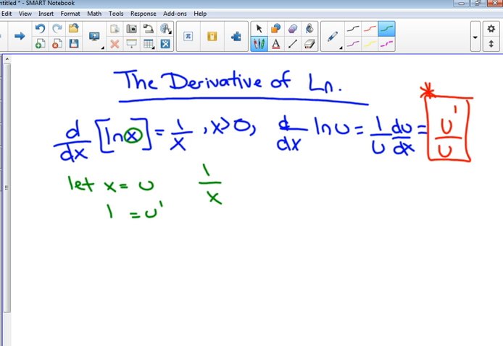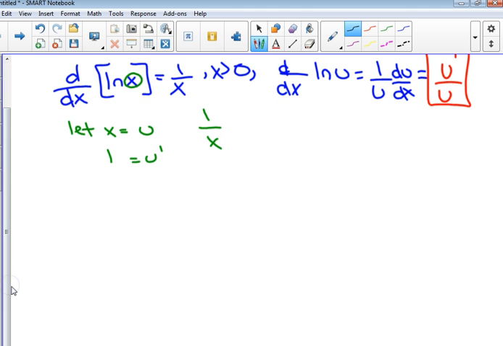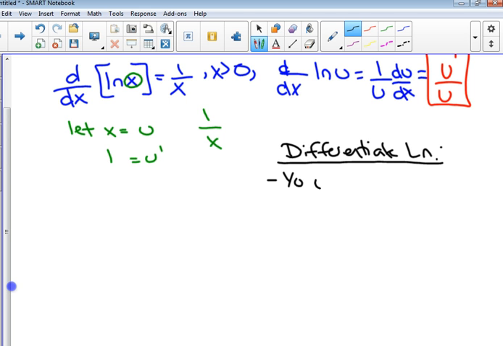Some things that we want to make sure you do when differentiating ln: you may need to make a u substitution.